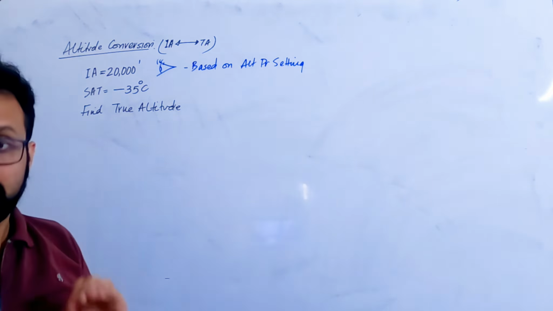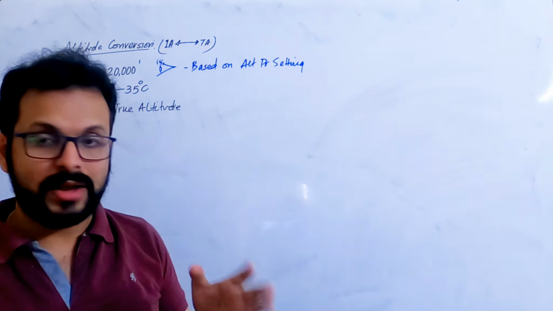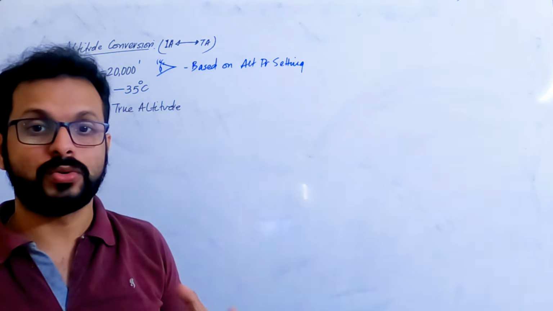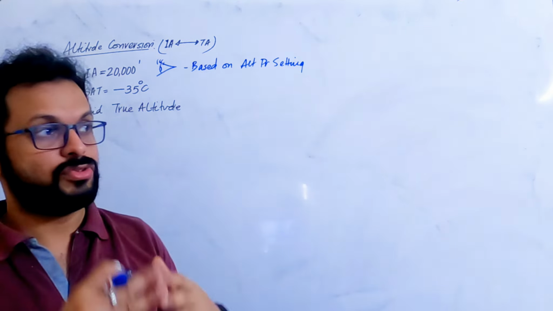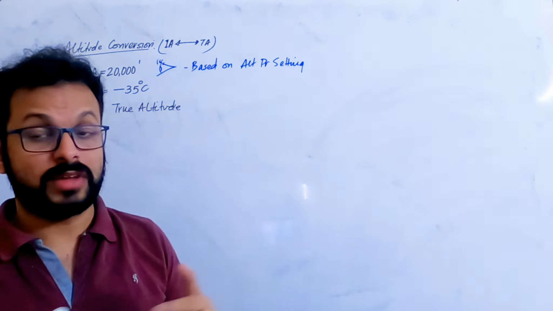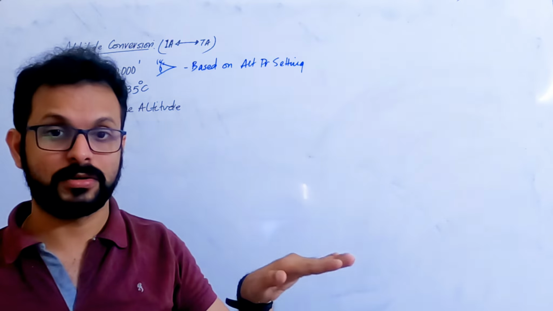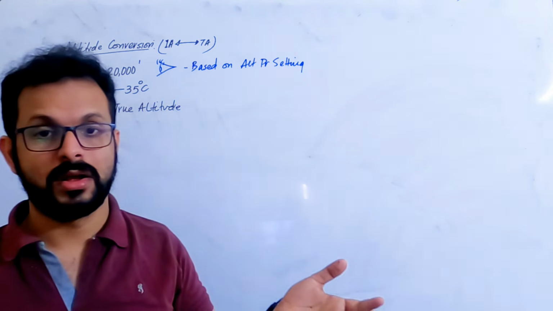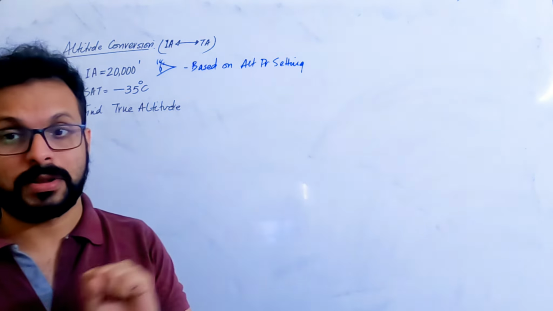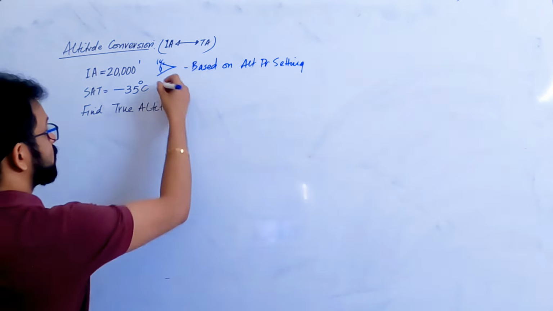You know what is static air temperature? It is the outside air temperature, the air temperature outside the aircraft, which is undisturbed by the movement of the aircraft. When the aircraft passes through the air, because of compression, the temperature might change. But this is the temperature of the undisturbed air, right?